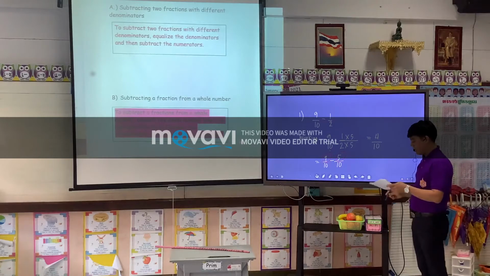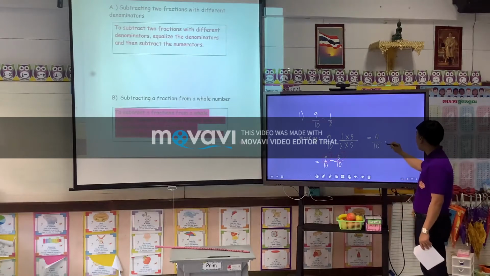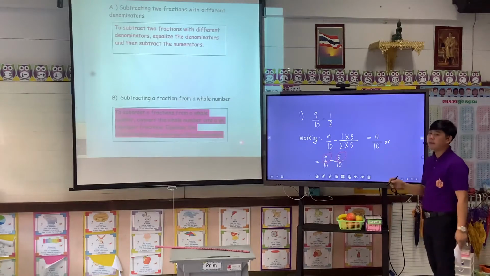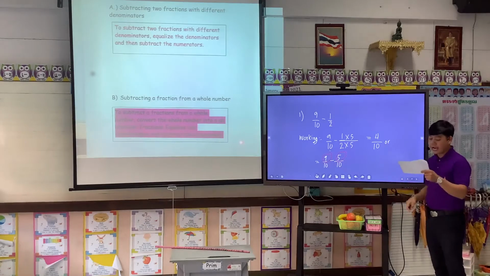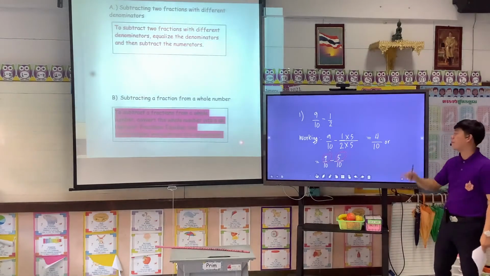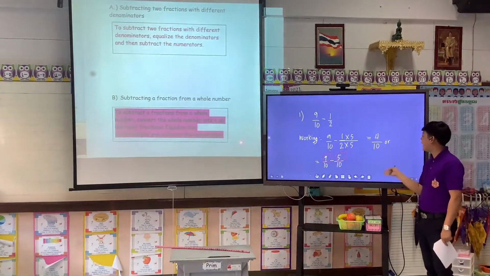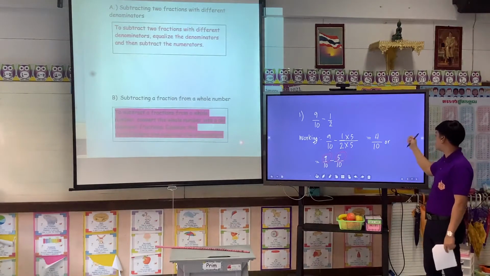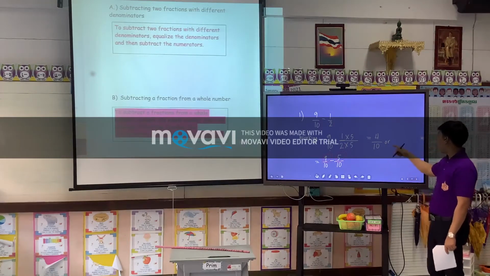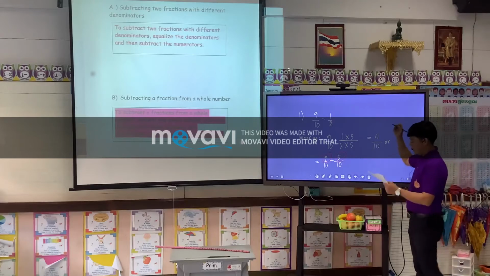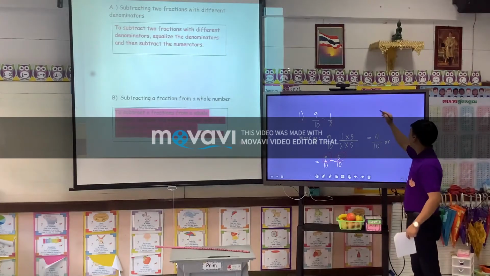4 over 10. Or we can simplify this because they are even numbers. We can find a divisor that works for both.